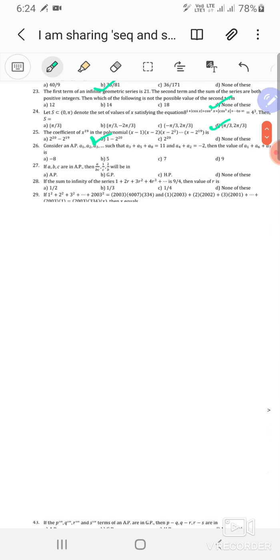Okay, so consider an AP A1, A2, A3 such that A3 plus A5 plus A8 is equal to 11 and A4 plus A2 is equal to minus 2. Then the value of A1 plus A6 plus A7 is, okay, cool. So A3 plus A5 plus A8 is equal to 11.